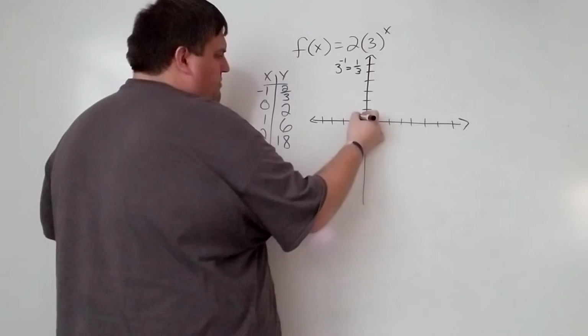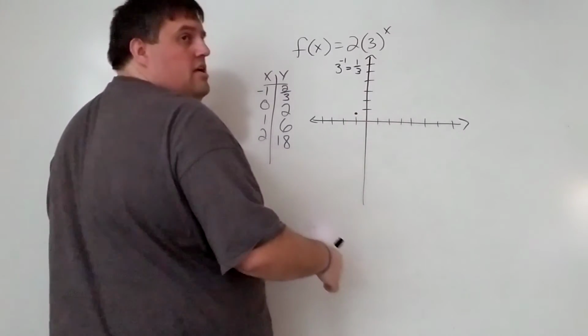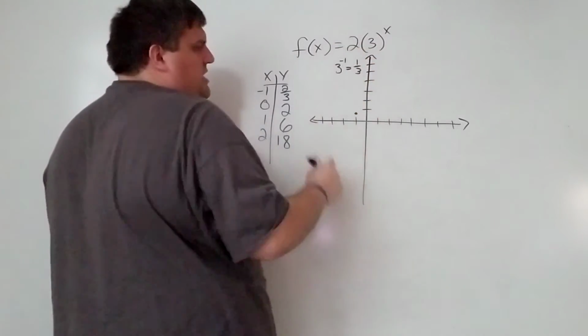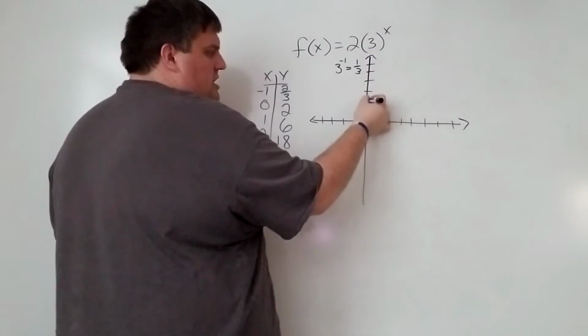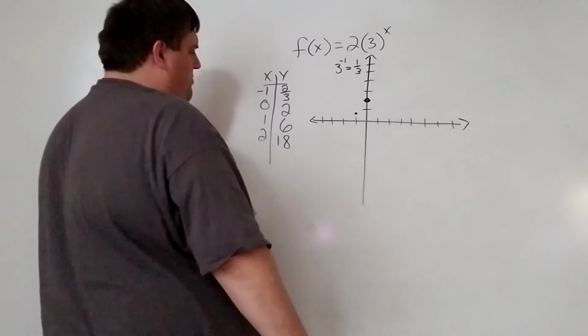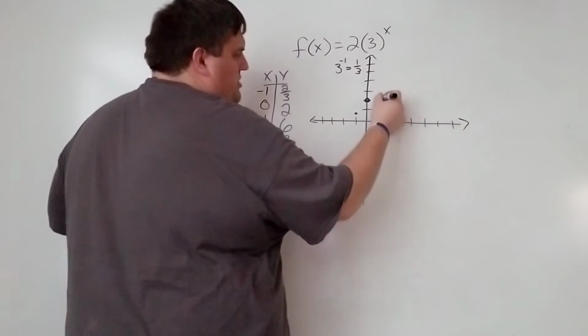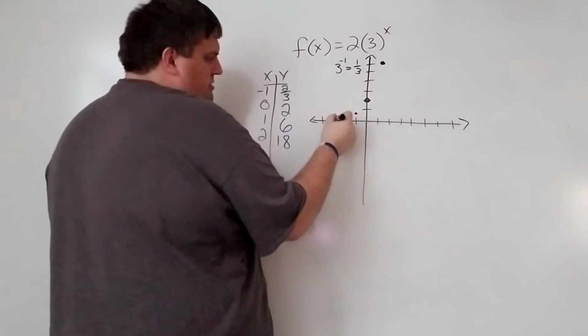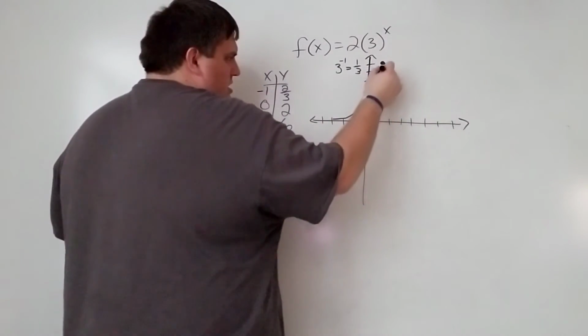At -1, we have 2/3. So that makes a little bit of sense because our initial value, remember this number is always going to tell us our y-intercept, right? So there's our initial value. And then 1, 2, 3, 4, 5, 6. And then, your graph should just kind of look like this.